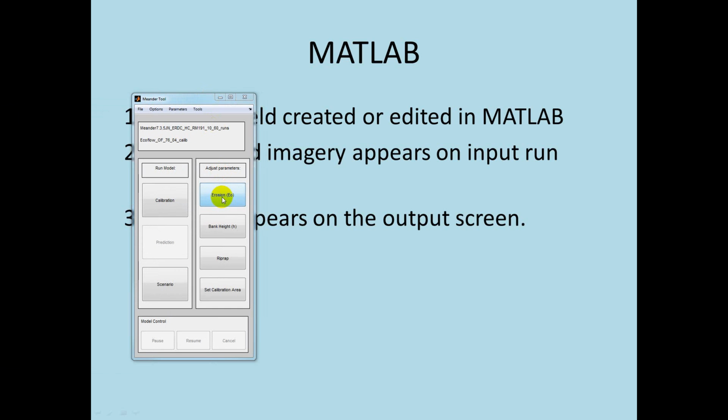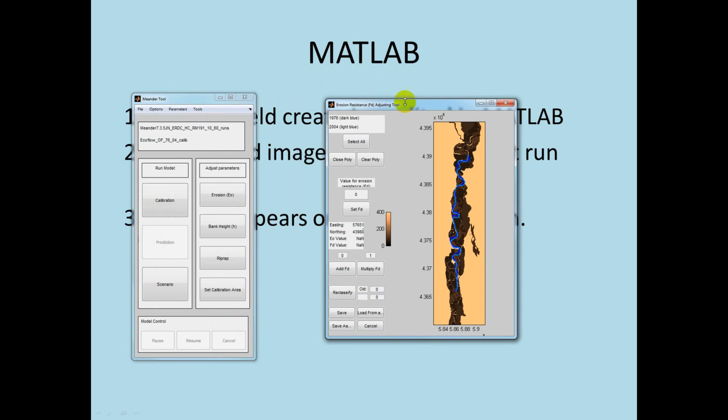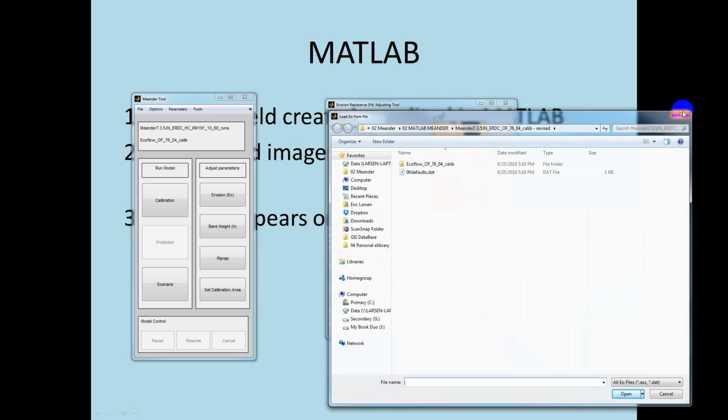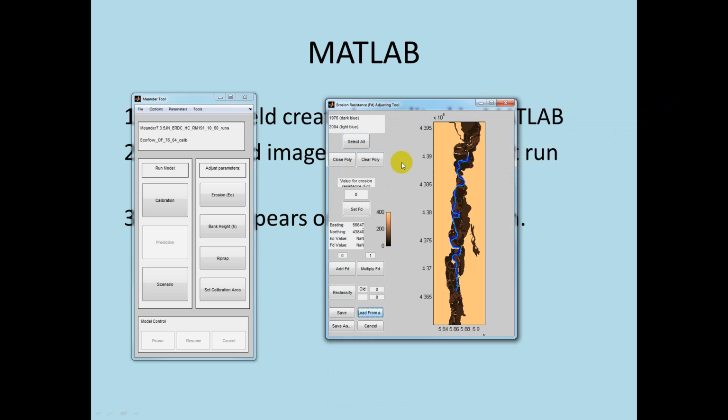We have a box for the erosion field here, and this is the erosion dialog box that comes up. Now, I'm not going to show you how to create it here. Down here you can load an erosion field if you want. Then you can edit it.